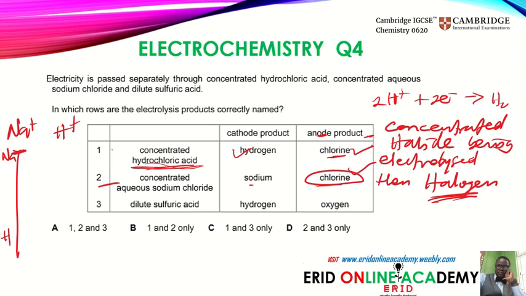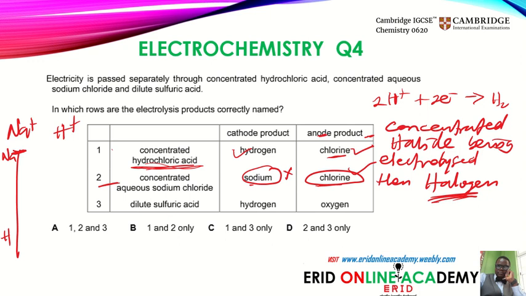So you would expect that hydrogen will be discharged in preference to sodium. But the option here is telling us that the product at the cathode is sodium. That is not correct. So 2 is wrong.